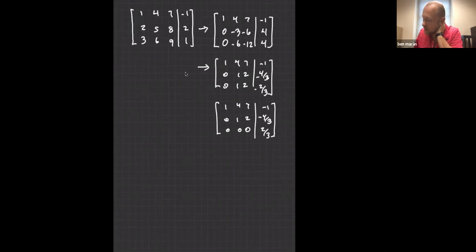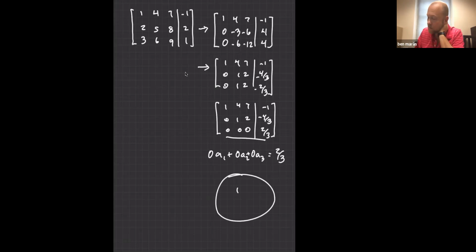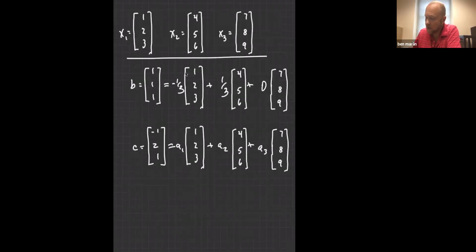So that bottom row says that 0A1, 0A2, and 0A3 all added together needs to be 2/3. That is bad. There's no way we can multiply things by 0 and get anything other than 0. So in fact, this problem over here has no solution.